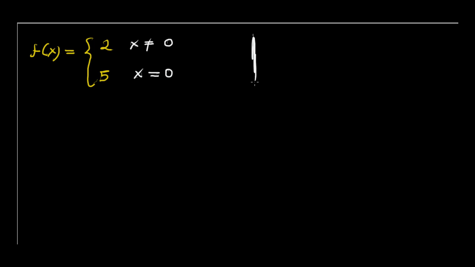So if this is my coordinate axis, then my function is going to look like this. Let's say this is 2 and this is 5. The function is going to be 2 when x is not equal to 0.